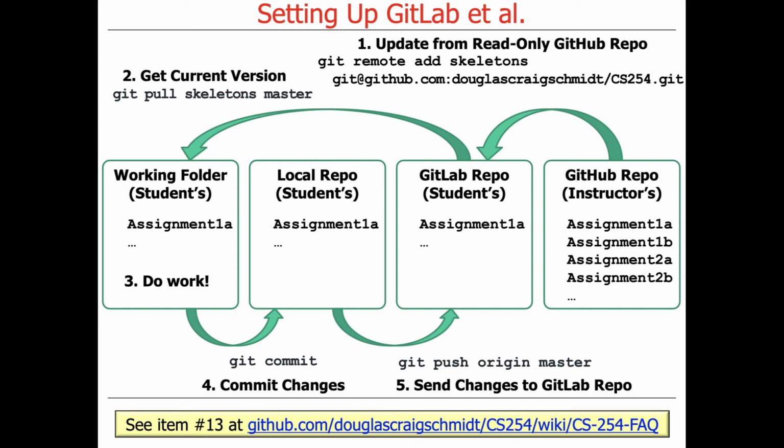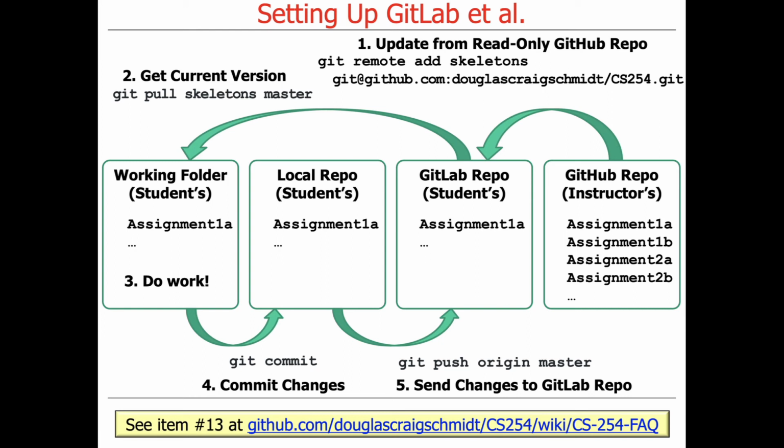And then when you're ready to, and I actually recommend doing this a lot too, when you want to make it go back up to the server, to your GitLab repository that's in the cloud somewhere, you say git push origin master or git push origin main, and you push the changes, and that goes from your repository over to your GitLab repository. So now it's in a place where I can get access to it.